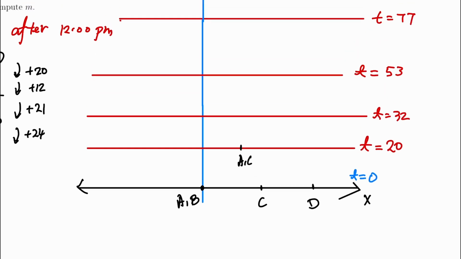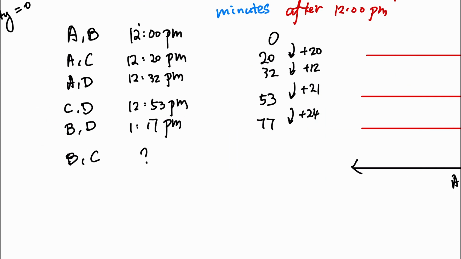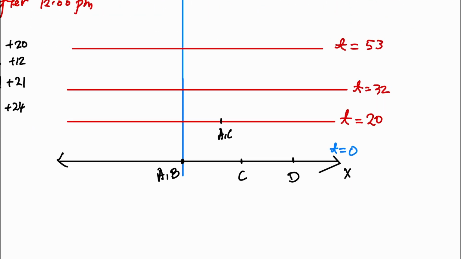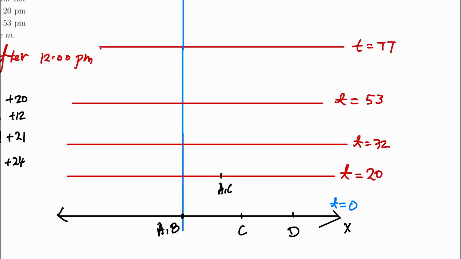So let's say, because the last two would be B and C, and B is at the origin anyway, let's say B, we just don't care.